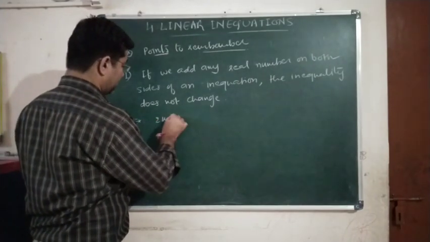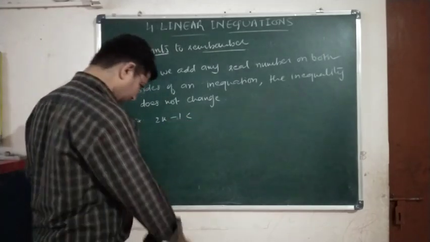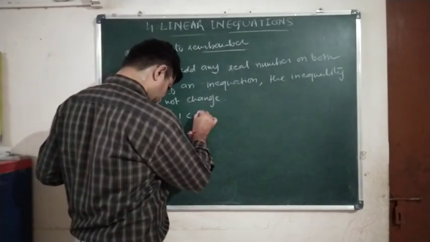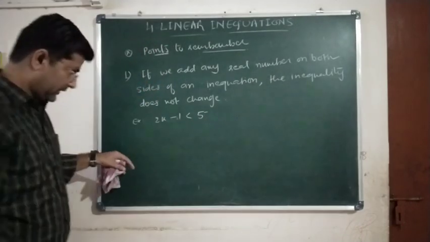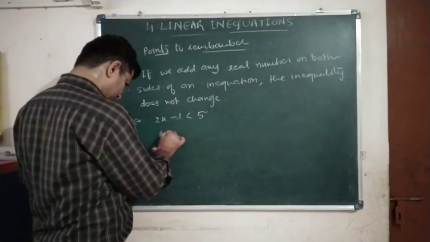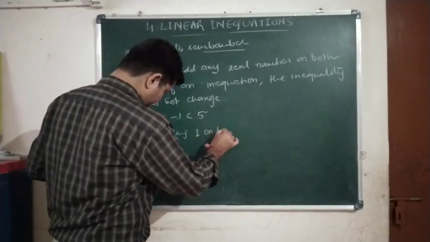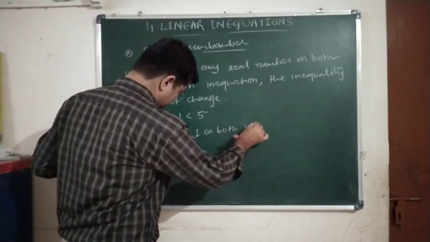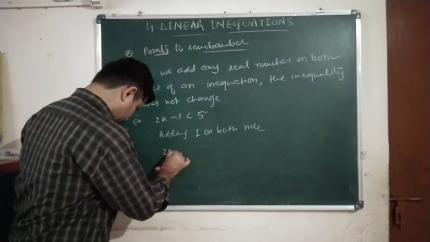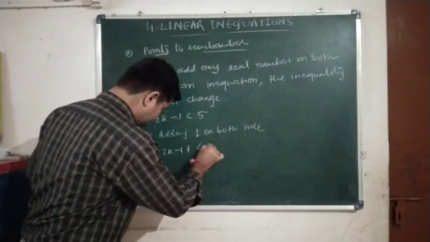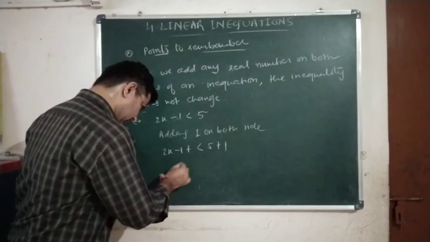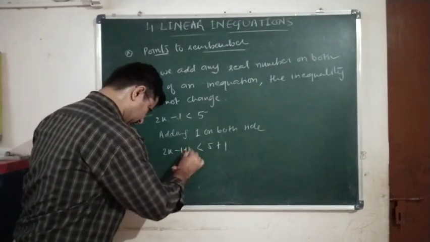2x minus 1 is less than 5. Okay, so adding 1 on both the sides: 2x minus 1 plus 1 is less than 5 plus 1. Yes or no?